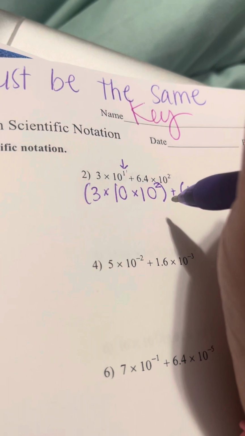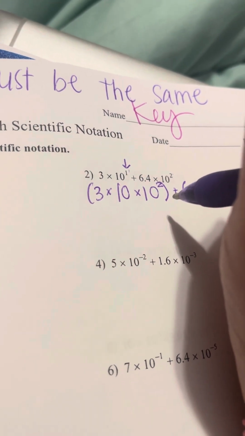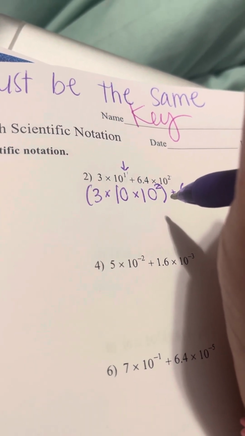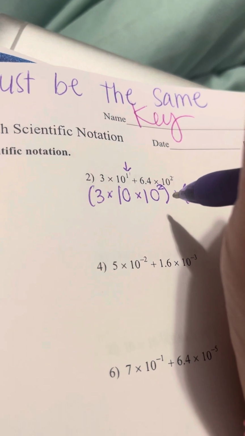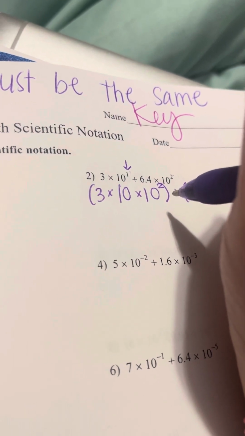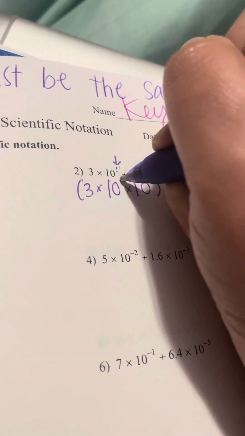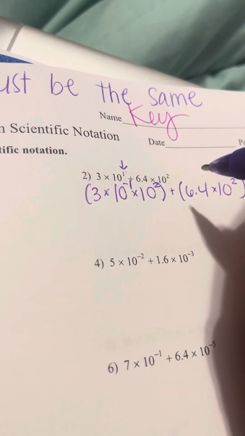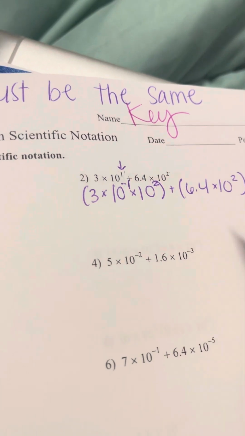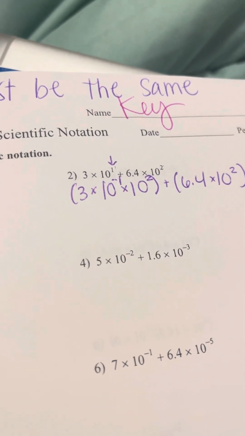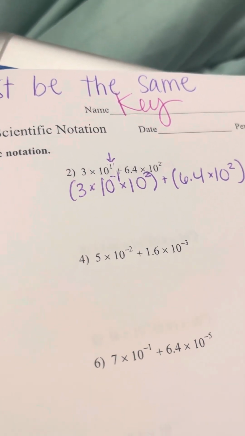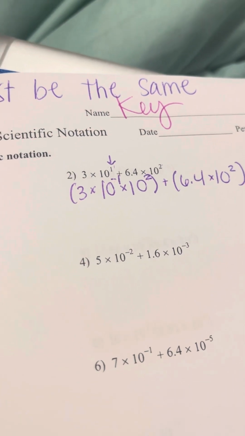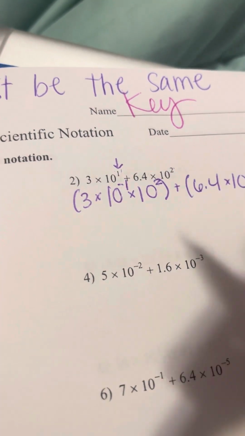Okay, so think about that for a second. If I do -1 plus 2, I get 1. Okay? Now, we have 2 powers in our parentheses, which it's okay because we needed it, but we're not going to keep it that way.